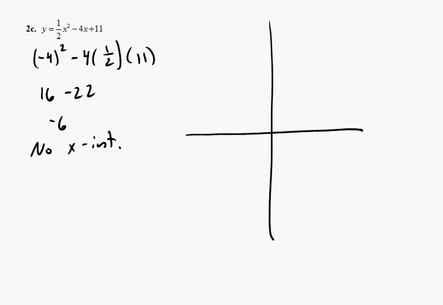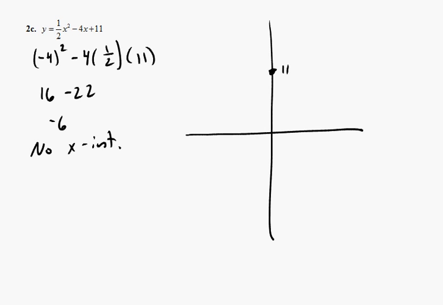All we really know is that the y-intercept is 11. Now, if you know how to find the vertex of this parabola, you could do that by completing the square, or there are other methods for doing that. But you might consider just pulling out your graphing calculator and making a rough sketch of the graph.